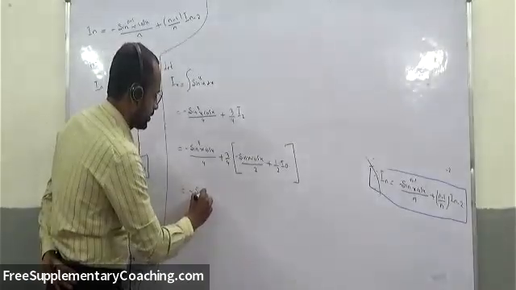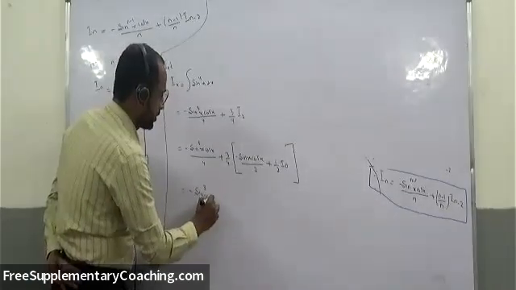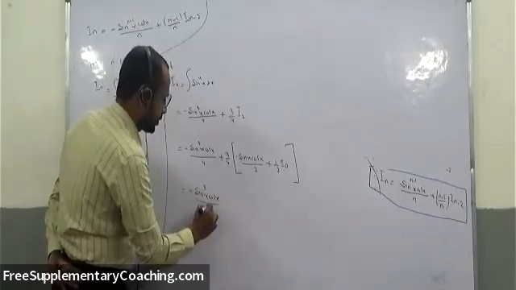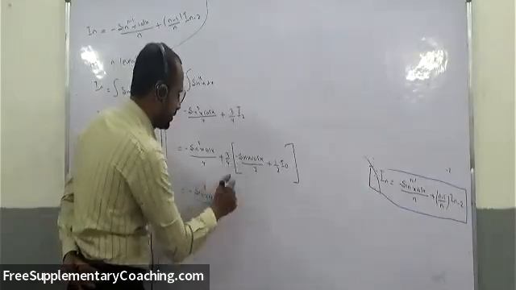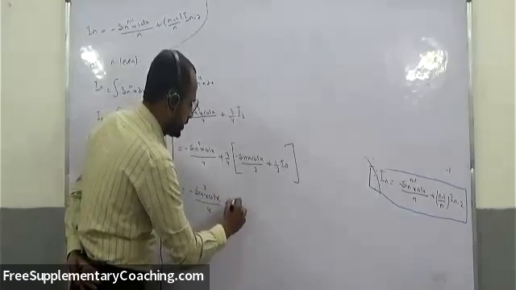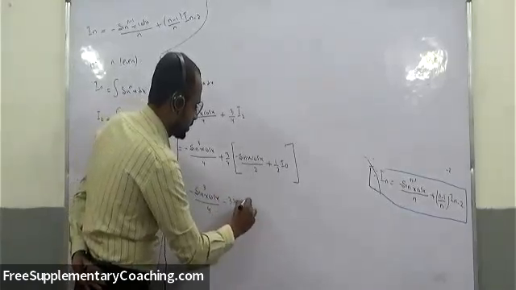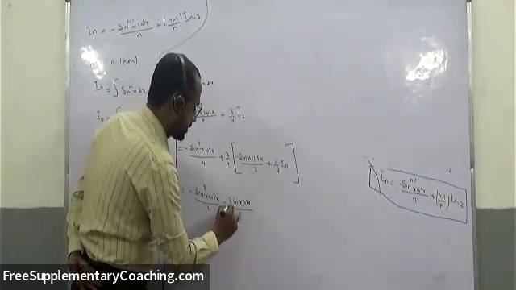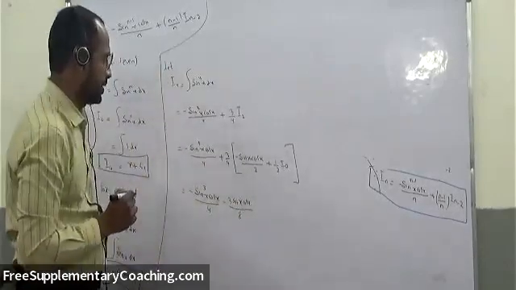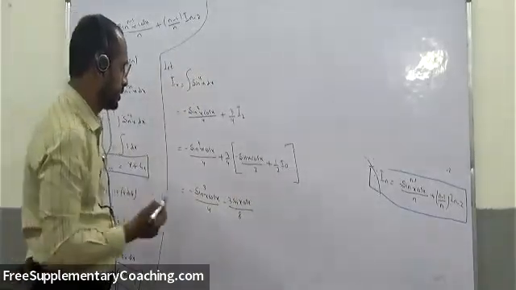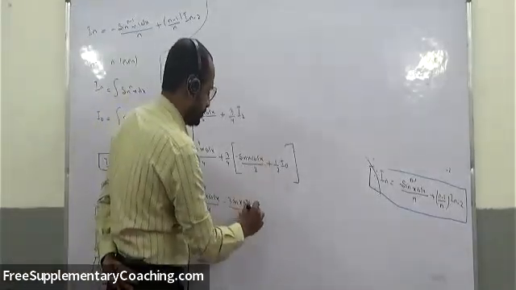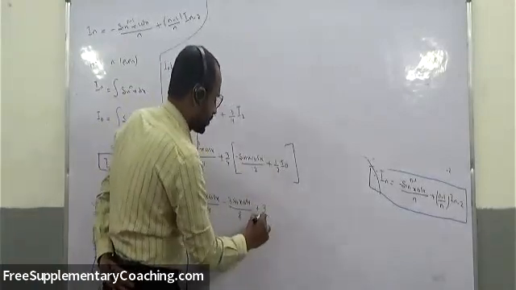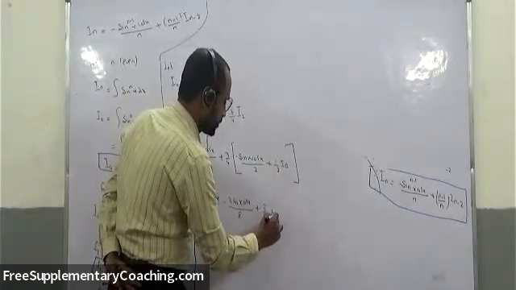Minus sine cube x cos x by 4 plus, minus 3 sin x cos x by 8, plus again plus 3 by 8 I naught.